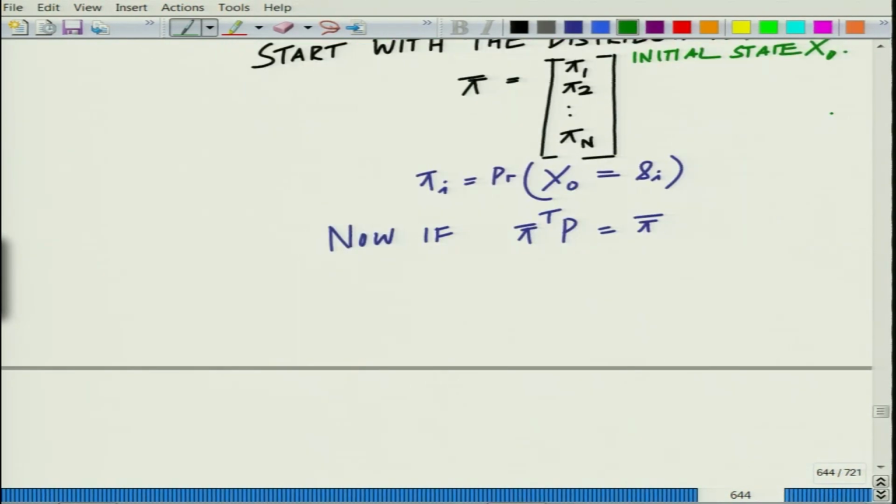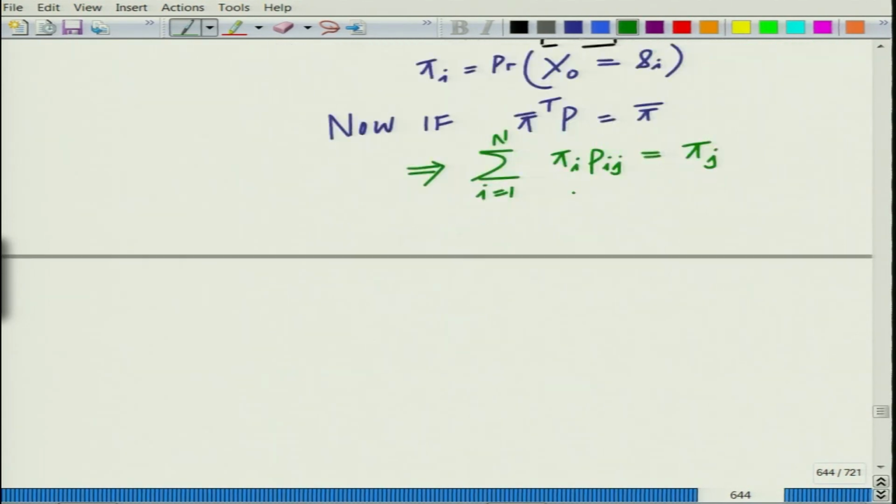Now, if pi bar transpose P equal to pi bar, this implies that if you look at any jth element, the sum of pi i times P i j equals pi j, where i runs from 1 to n.